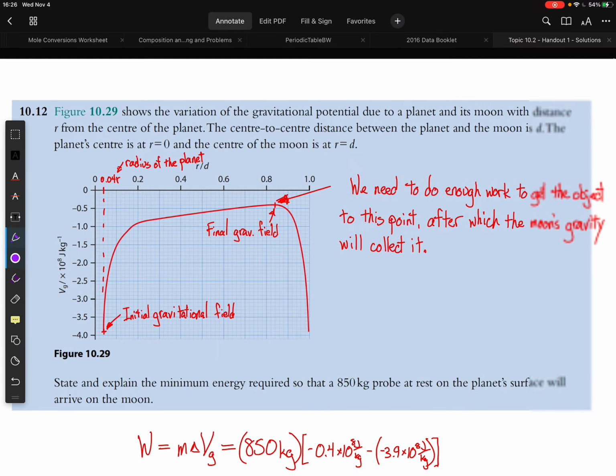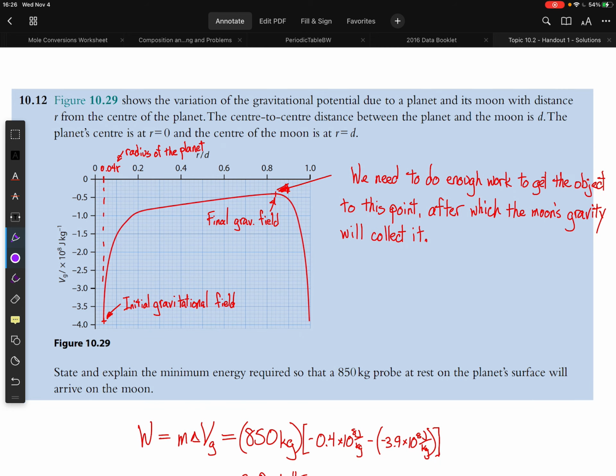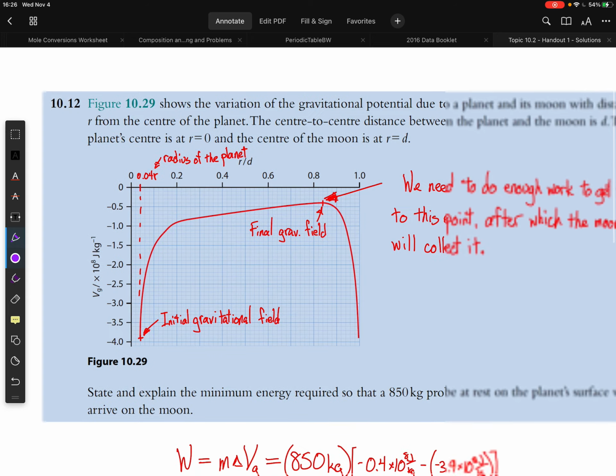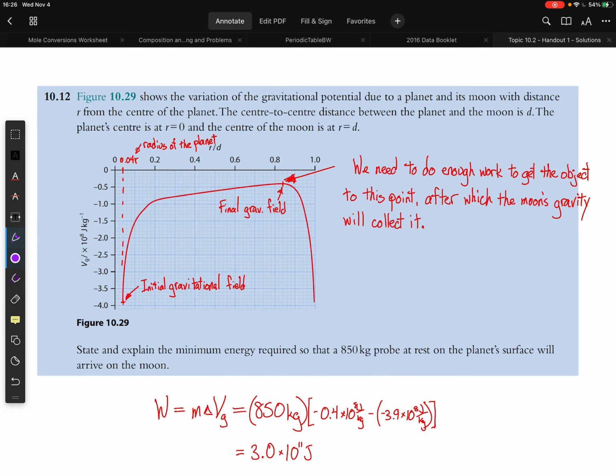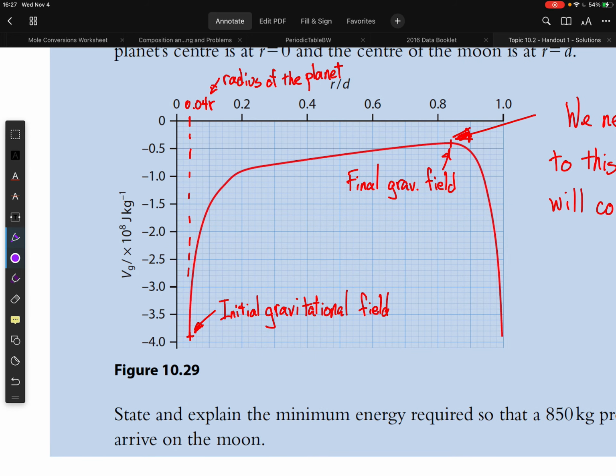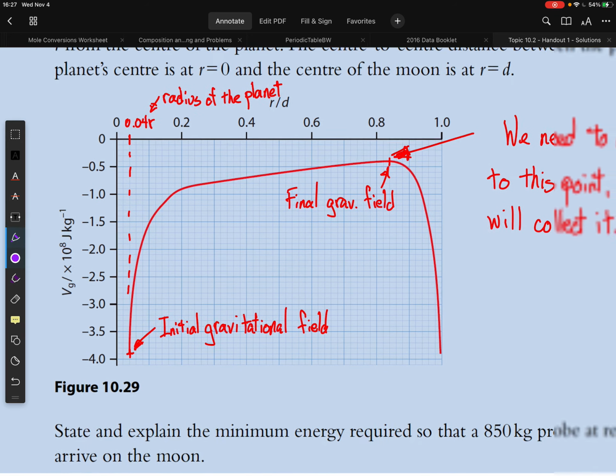We know that because the radius of the planet is equal to 0.04 r, and what we have here is an asymptote.